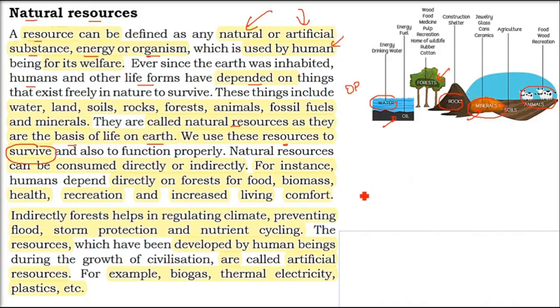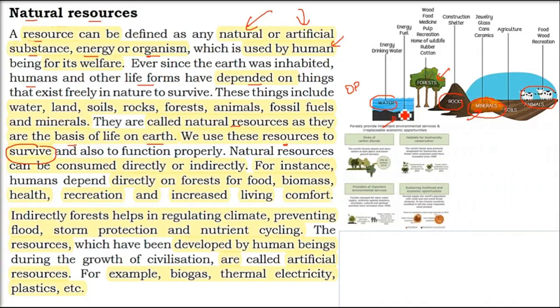So these natural resources can be consumed directly or indirectly. In either way, directly and indirectly. For instance, directly, how do we take? We are directly dependent on the forest. We are taking from it directly because the forest is giving us food.